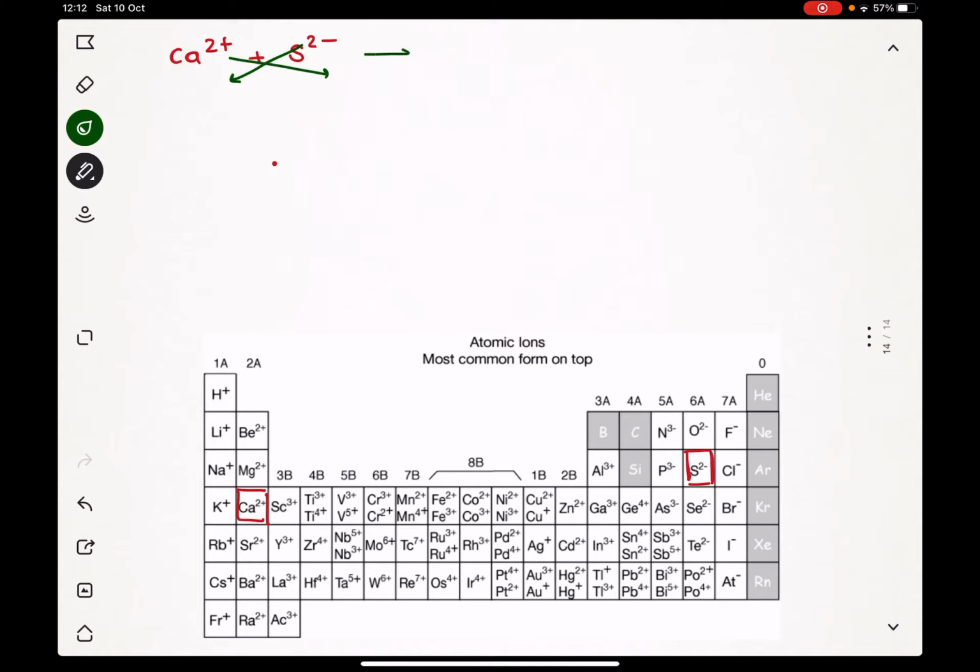And in this case, we will have Ca2 because of the sulfur, S2 because of the calcium, right? So in this case, we simplify the subscripts. We divide by 2, which is our common factor, and we have CaS, right? So we come from calcium, this is sulfur. So the name of it will be calcium sulfide.